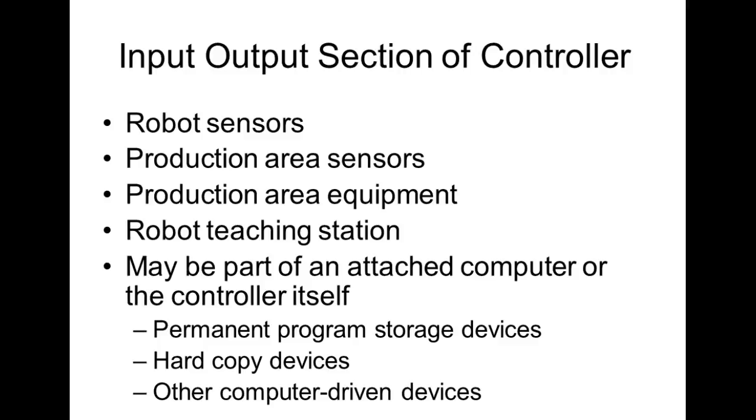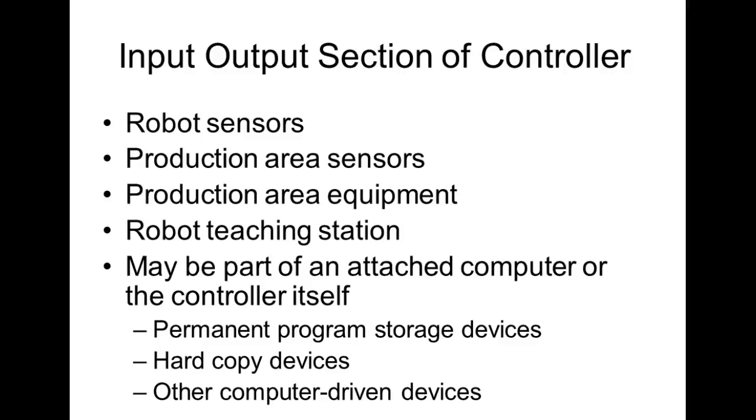Robot sensors are connected to the ports. That means the sensors inside the robot that are sensing the speed and the position of the robot are connected to ports. Of course, those ports are dedicated. Production area sensors: when we go over and look at the Amatrol line and the Festo line, we'll see that the robot is actually responding to sensors out inside the production area.